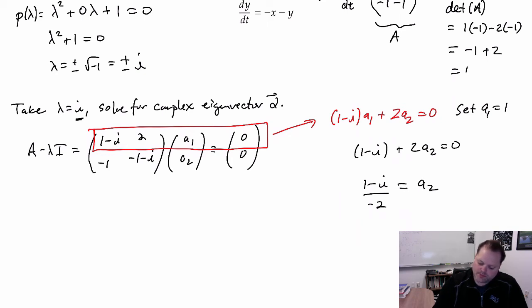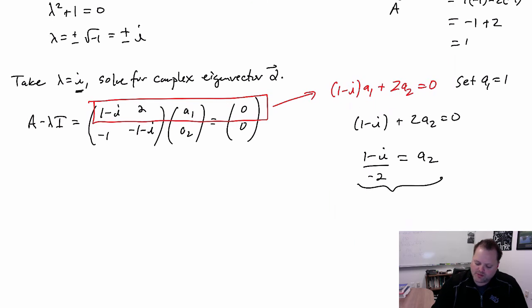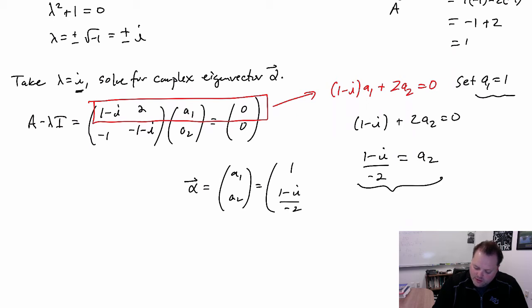That's fine. So this is my a2. What is my a1? Well, a1 was 1, right? So you have your eigenvector, alpha, equal to a1, a2, which is 1, and (1 minus i) over negative 2.